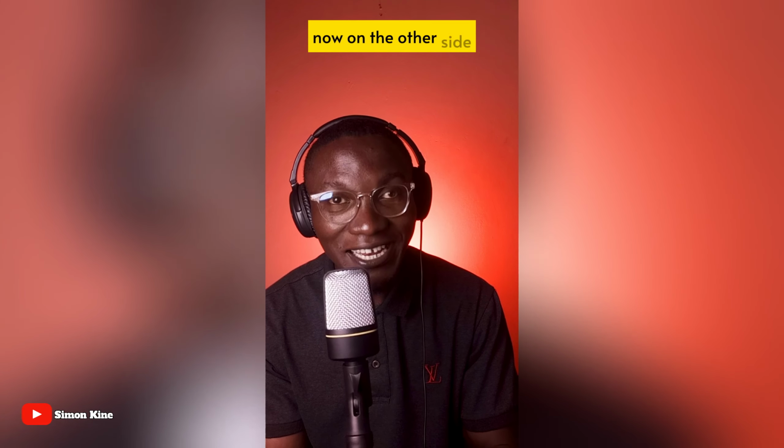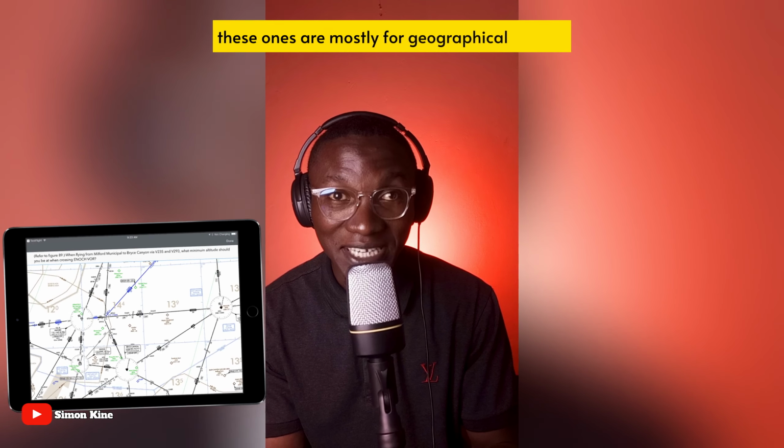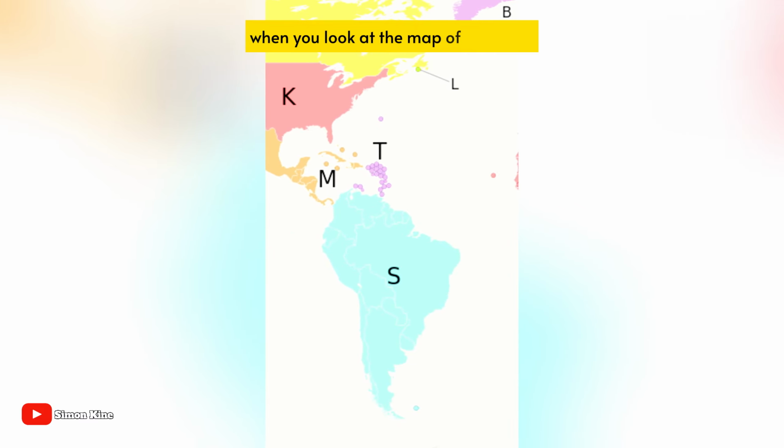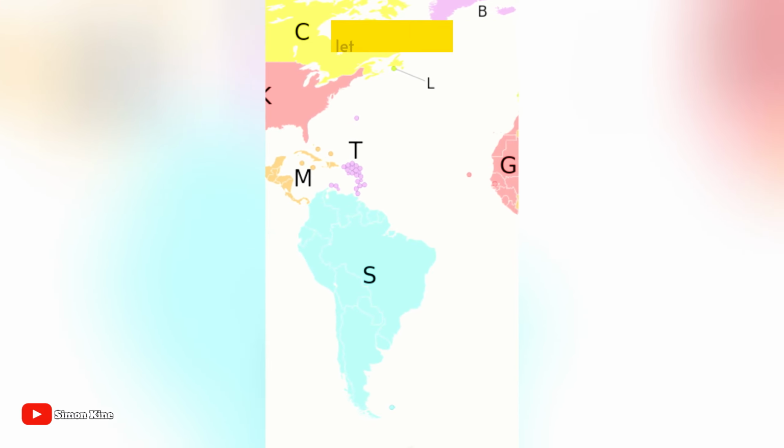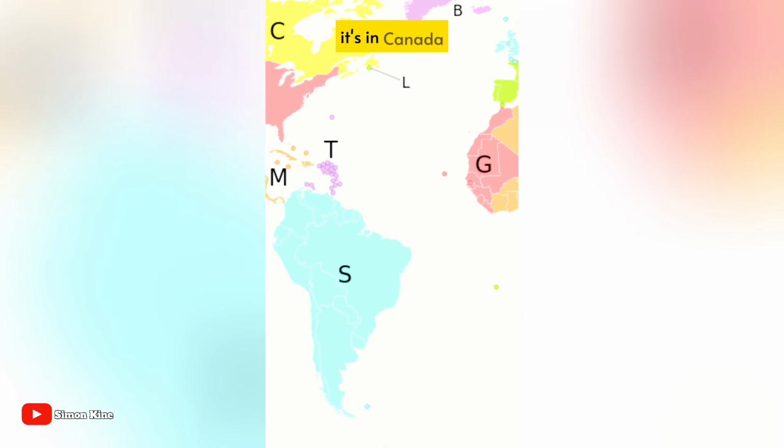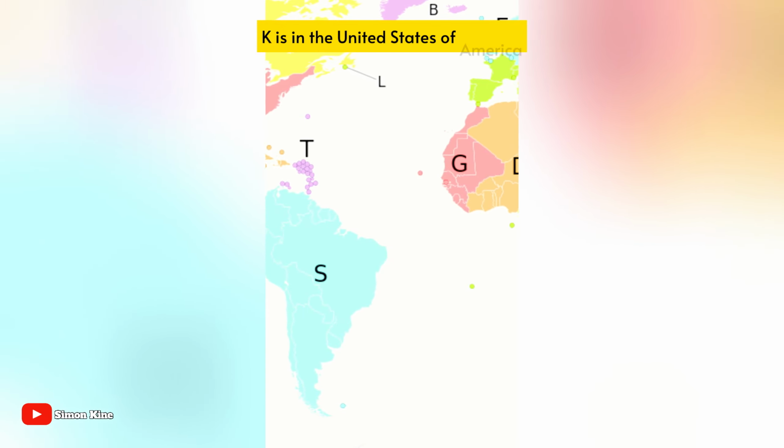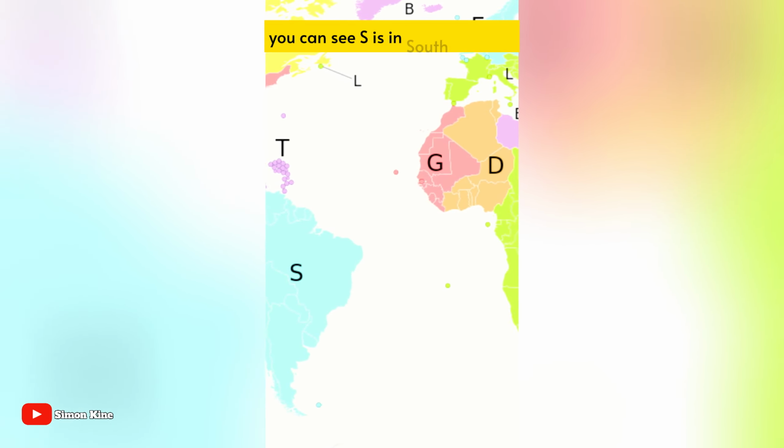On the other side, ICAO codes are codes you will not usually see on bags. These ones are mostly for geographical context. For example, looking at the map of the world, the letter C is Canada, K is the United States of America, and S is South America.